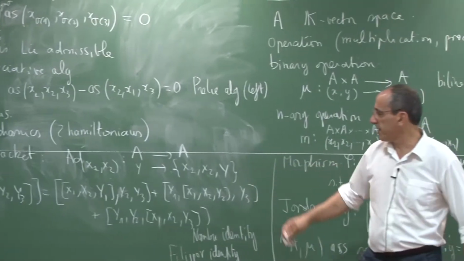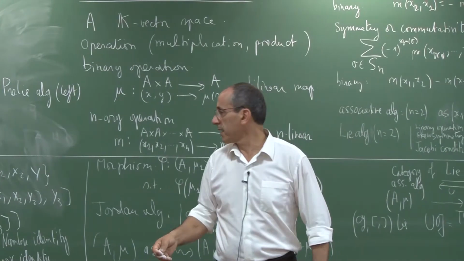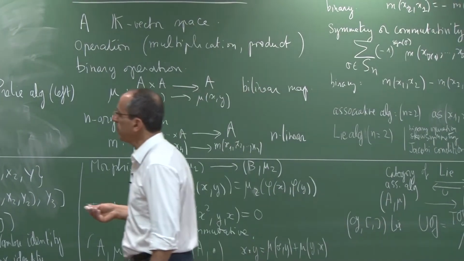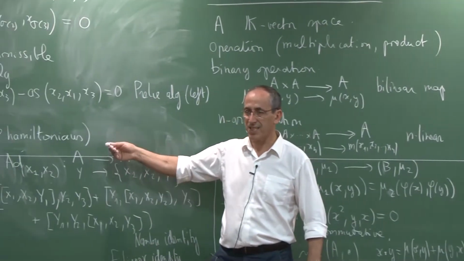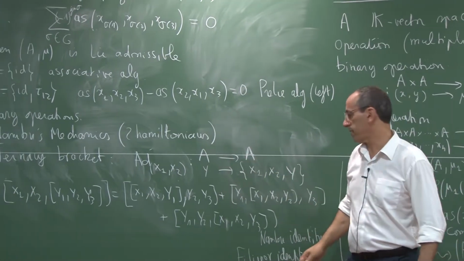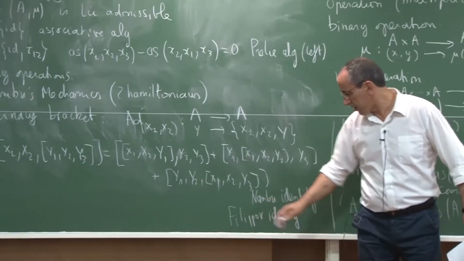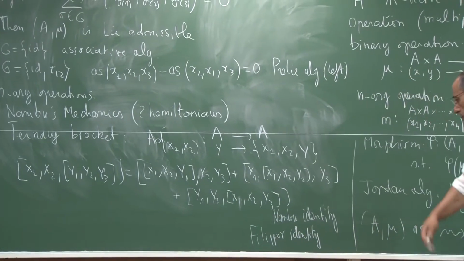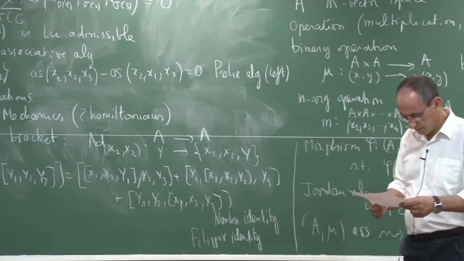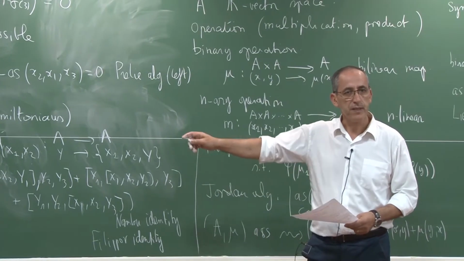In fact, Nambu discussed the mechanics, but didn't give the algebraic interpretation. The algebraic interpretation of this Nambu mechanics was given by Takhtajan from the St. Petersburg School. And also, from the algebraic point of view, it was discussed by Filippov, who gave the properties of this kind of algebra.